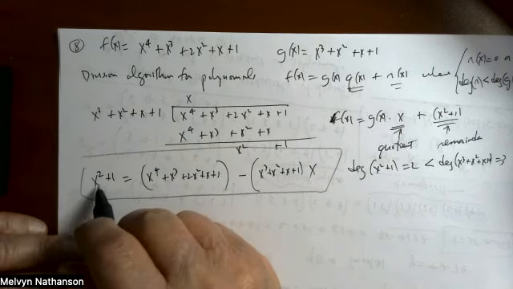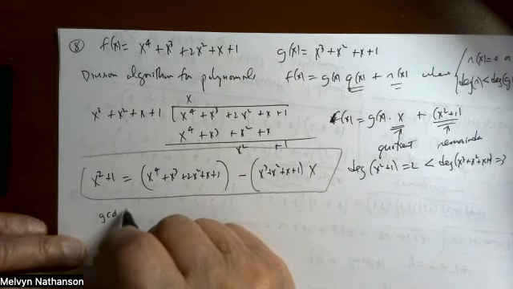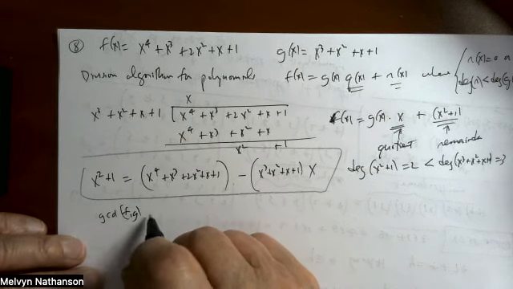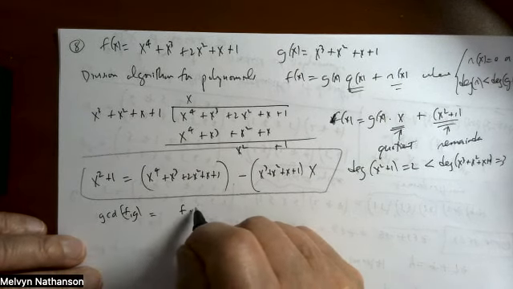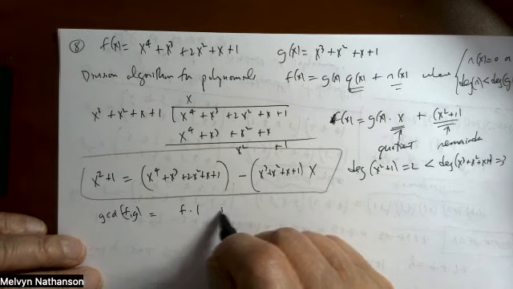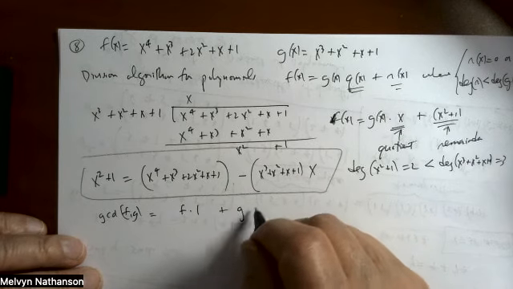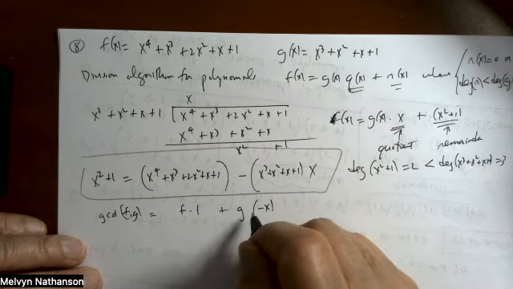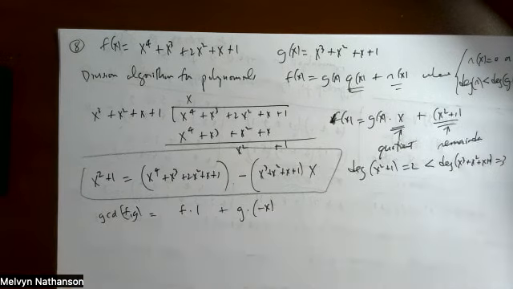So here I've written the GCD of the polynomials f and g. It's the polynomial f times 1 plus the polynomial g times minus x. That's the expression.